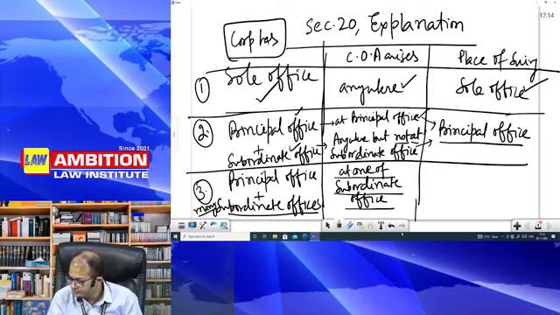Objection as to pecuniary limits. Is this clear, my dear friend?